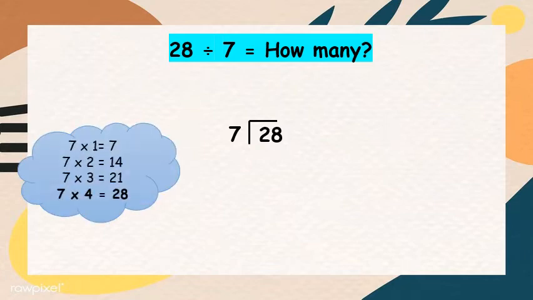So 28 divided by 7 is equal to 4. Then we multiply 4 times 7, which is 28. So 28 minus 28 equals 0. So when we divide 28 by 7, 28 is the dividend, 7 is the divisor, and the quotient is 4.